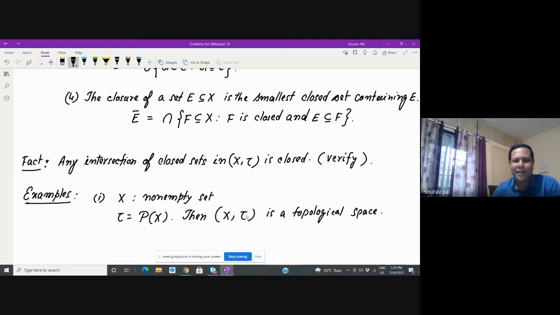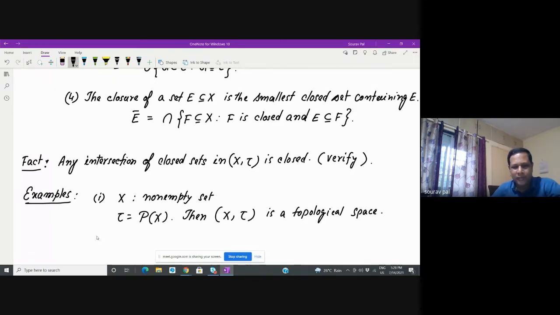It contains indeed all the sets. So this topology is kind of a trivial topology. This is what is called the discrete topology. Discrete topology means all sets are open sets here. You see, this tau contains all the subsets, so all sets are open here.